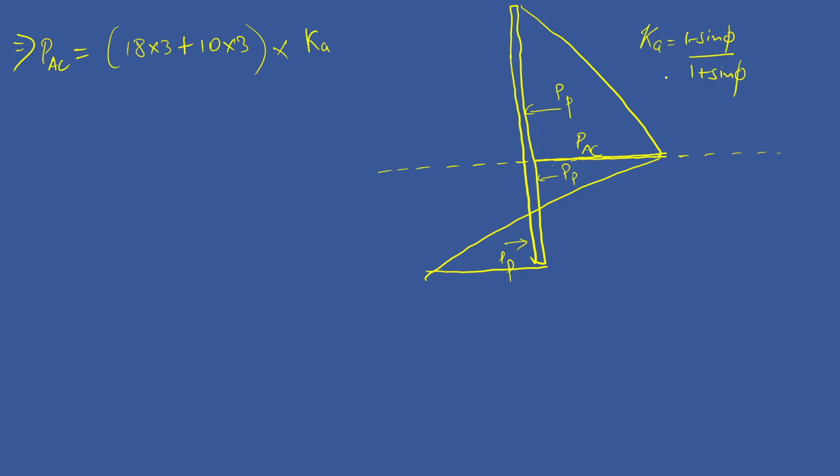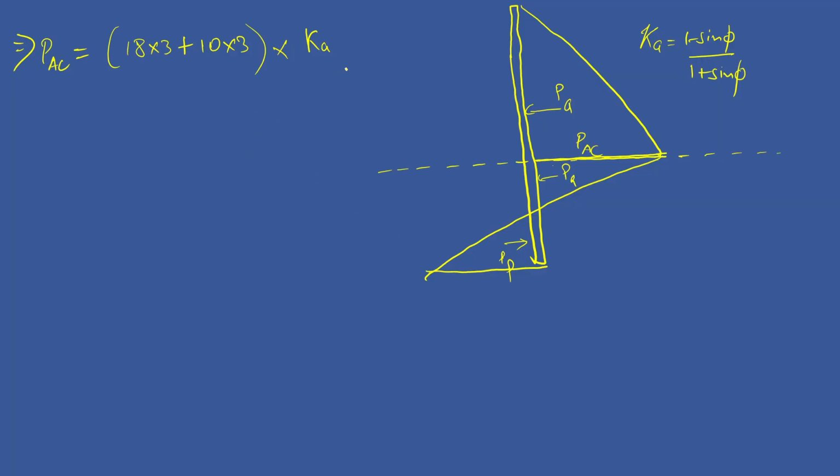So if my sheet pile is moving away from the soil, this will be the active pressure. In this particular case also, here your sheet pile is moving, here also your P active will act, and then here you will be having the passive pressure.